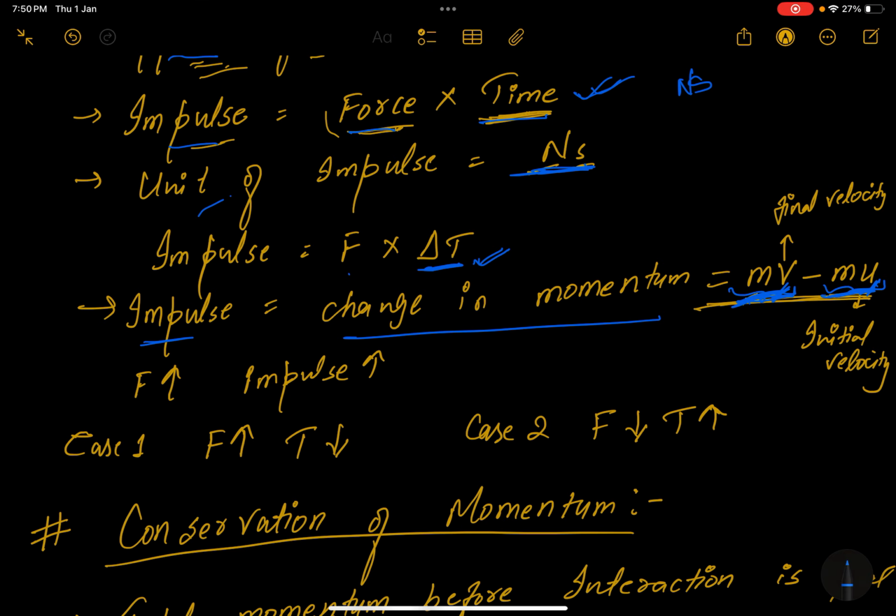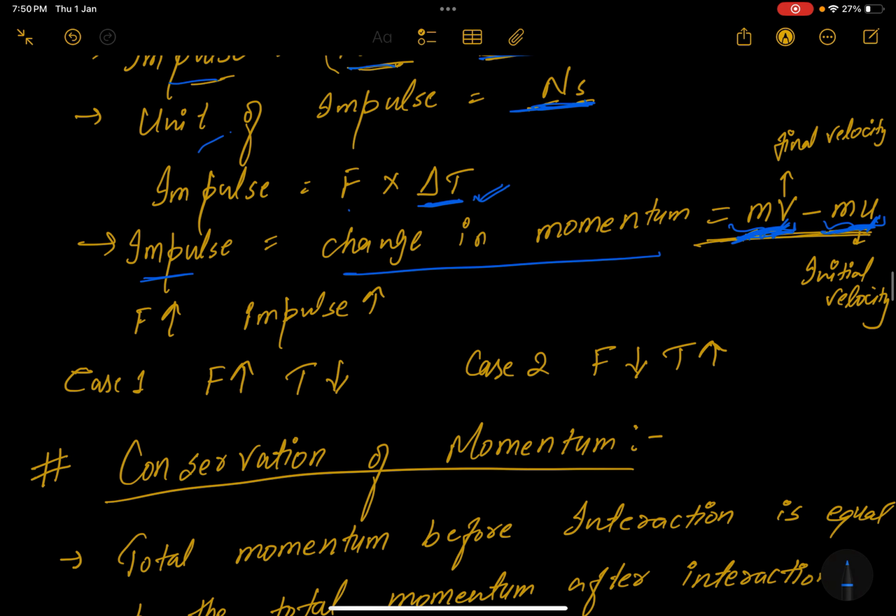From the formula we can see that if we increase our force, impulse will increase. Since impulse is directly proportional to force, if we increase force, impulse will increase. Now there are two cases.